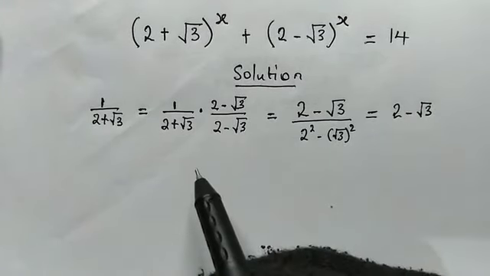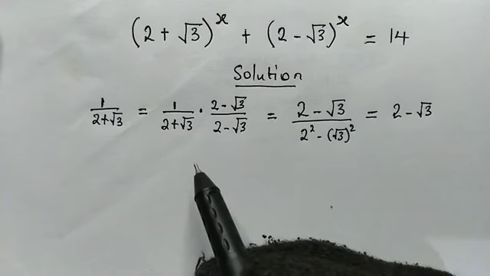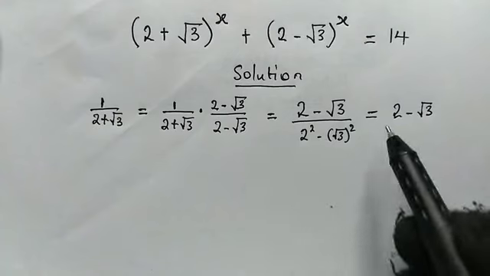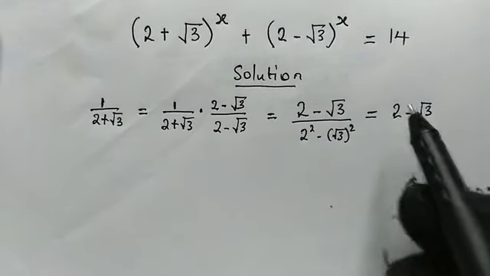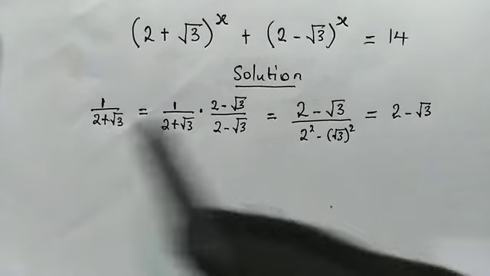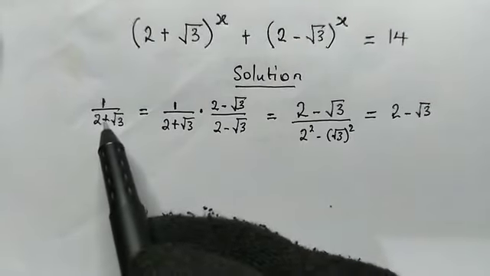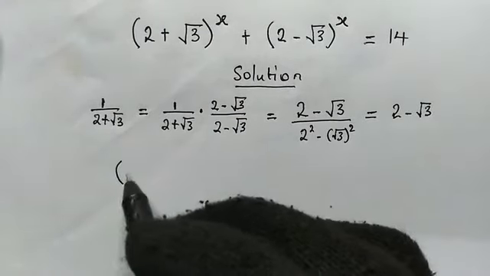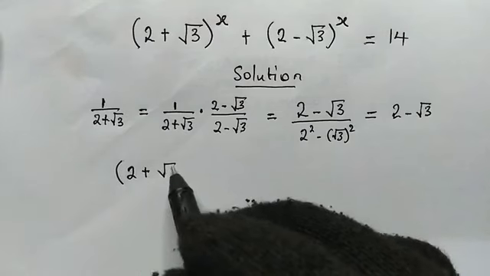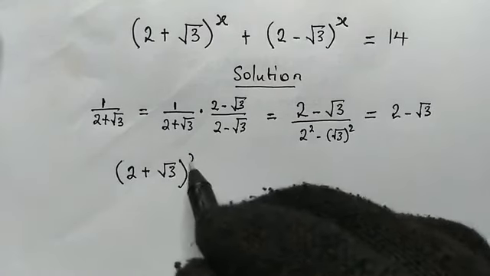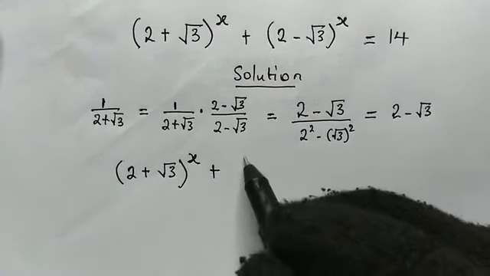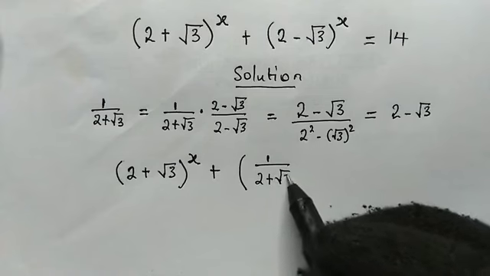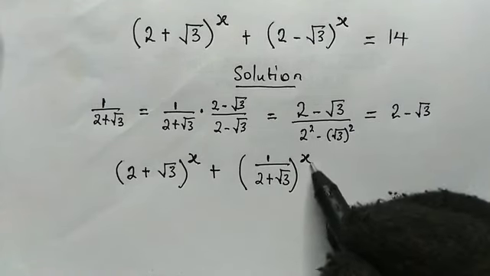So that's what we have, just 2 minus root 3. So we can see how these irrational basis are related. 1 all over 2 plus root 3 is exactly equal to 2 minus root 3. So we're going to write this base in terms of 2 plus root 3. From the original equation, we have 2 plus root 3 to the power of x, then plus 1 all over 2 plus root 3, then to the power of x.